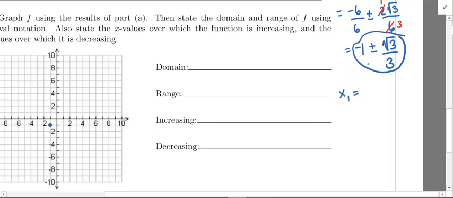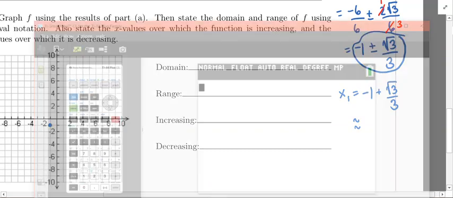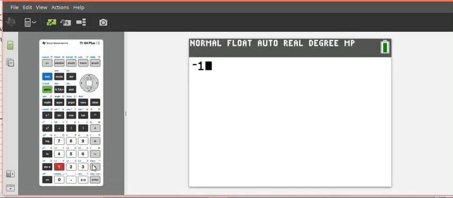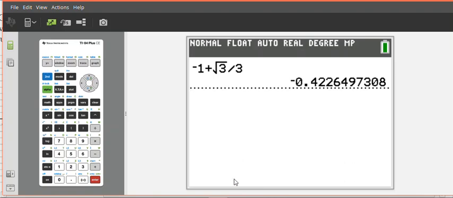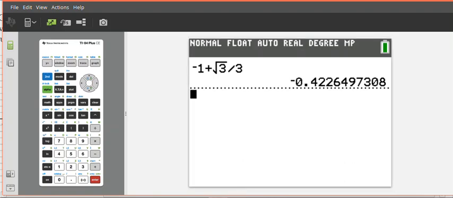Let's first choose the plus sign in the middle. So -1 plus the square root of 3 over 3. Let's go to the calculator to approximate this x-intercept. We're going to get -1 plus the square root of 3 divided by 3. This gives you an approximation for the x-intercept, so we'll just round it to -0.42.